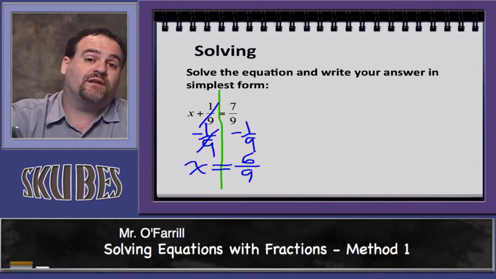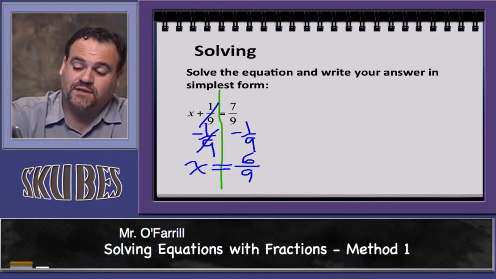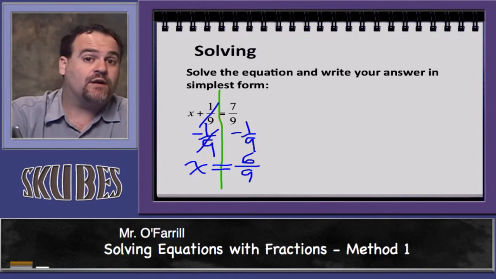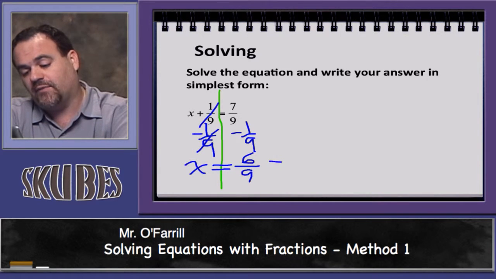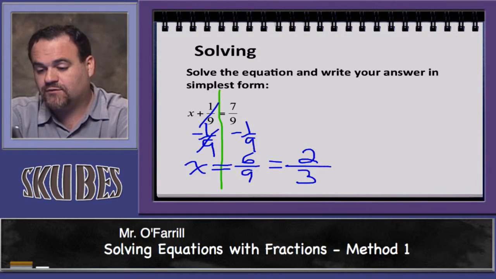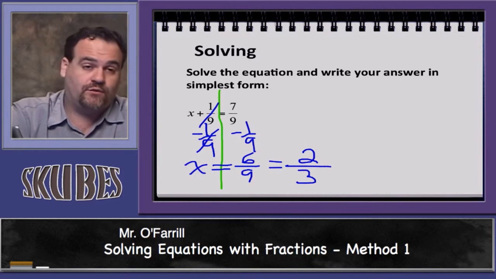And of course, the last thing we need to do when you have fractions is make sure that it is reduced. We see the number 6/9, and you can recognize that the numbers 6 and 9 are both divisible by 3. 6 divided by 3 is 2, and 9 divided by 3 is 3. Our final answer is that x equals 2/3.